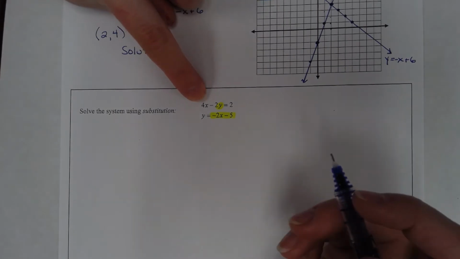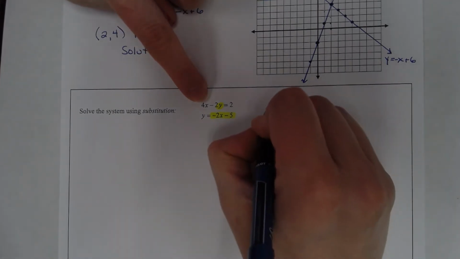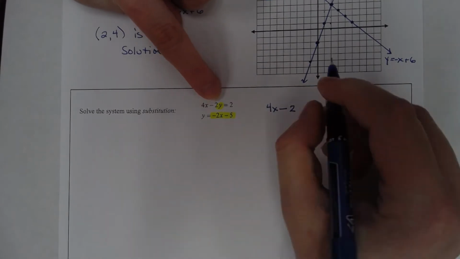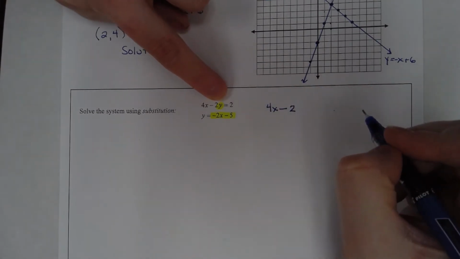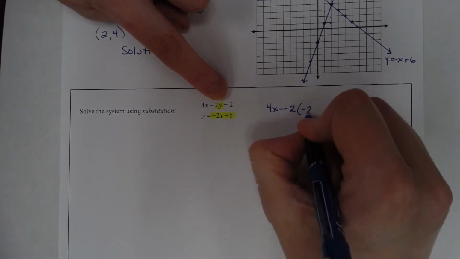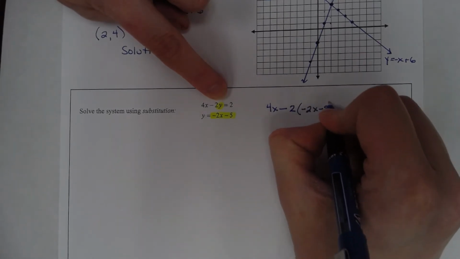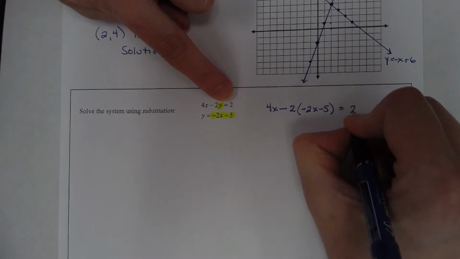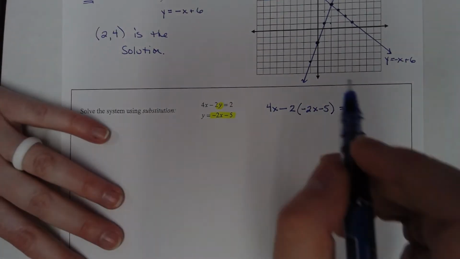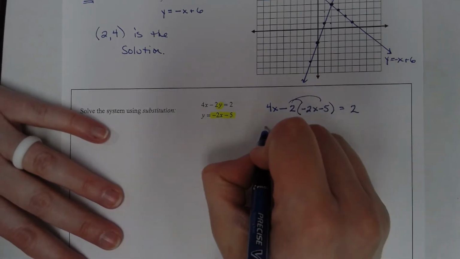So in this equation, I'm going to write down 4x minus 2. Now, the y is gone, and in place of it, -2x minus 5 equals 2. Now, here's an equation where I just have to solve for x. So I'm going to distribute.